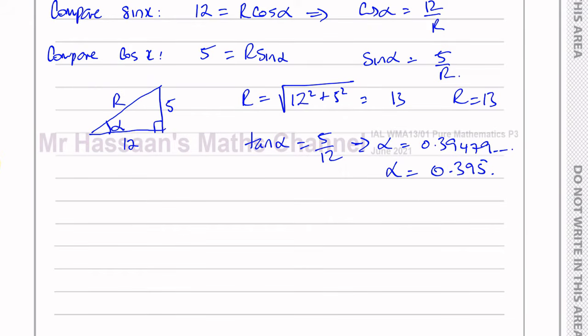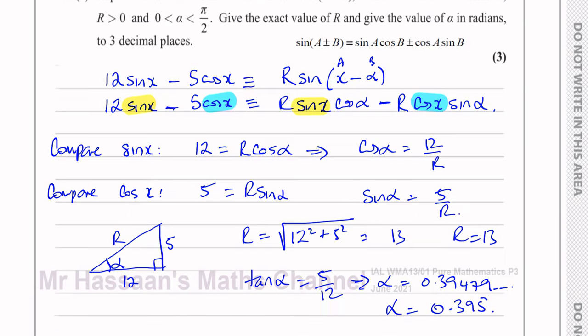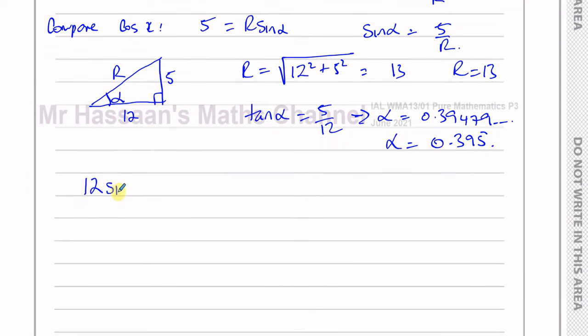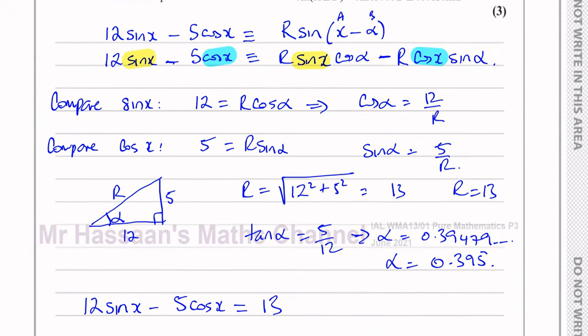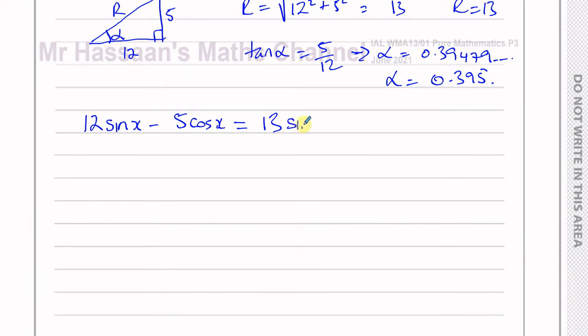Now we can say that this expression that they gave us, 12 sine x minus 5 cosine x, is equal to r, which was 13, in the form r sine of x minus alpha. So 13 times sine of x minus 0.395. There we have the expression in the form that they required.